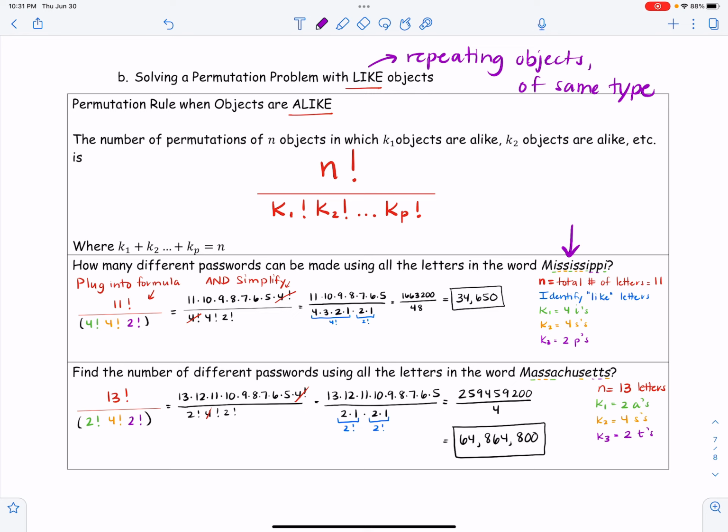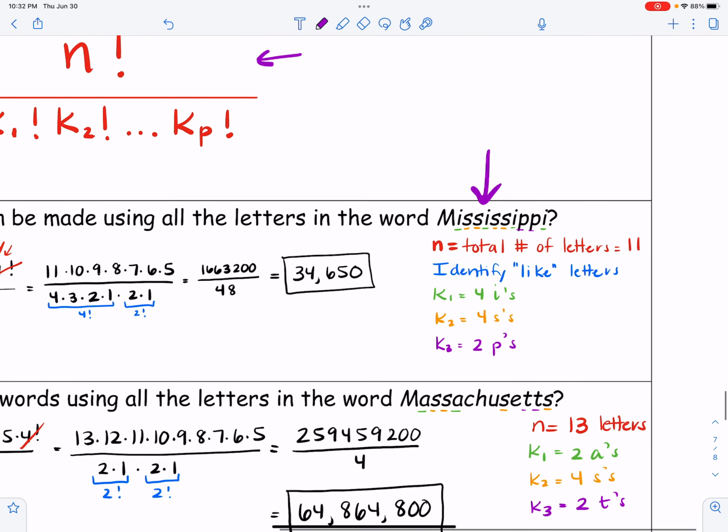If you have repeating letters, any duplicating letters have to be divided out, and that's what this formula says right here. So if you look at a set of objects and you see that you have objects that repeat or that are the same, what you want to do is identify n, how many total letters do you have, but then identify any letters that are the same.